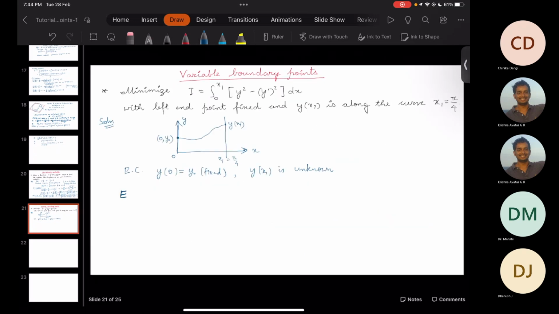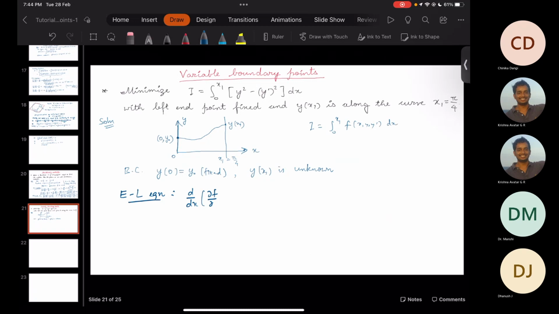So the EL equation is nothing but d/dx of ∂f/∂y', where I is equal to the integral from 0 to x1 of f(x, y, y') dx, isn't it?